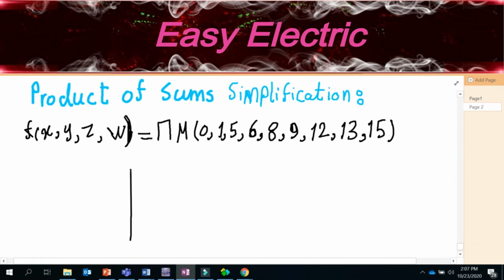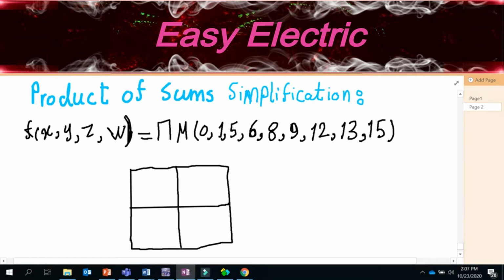So here we just have a K-map with 16 sections.